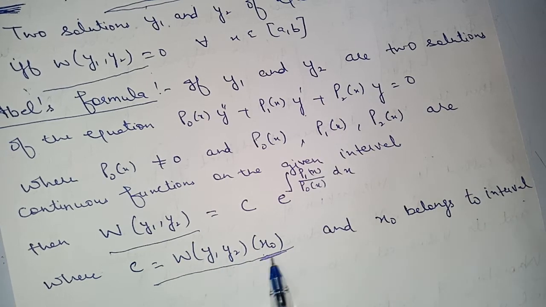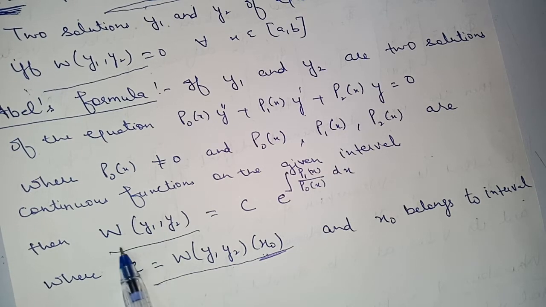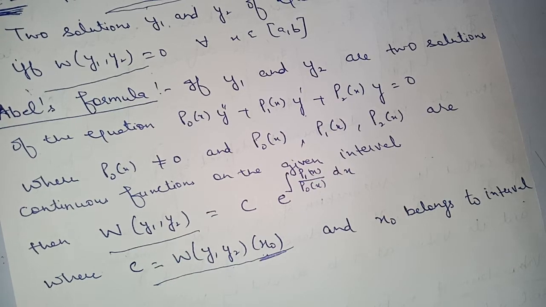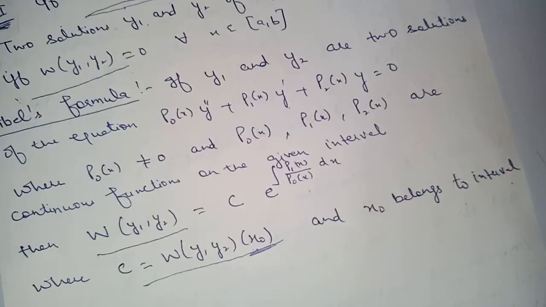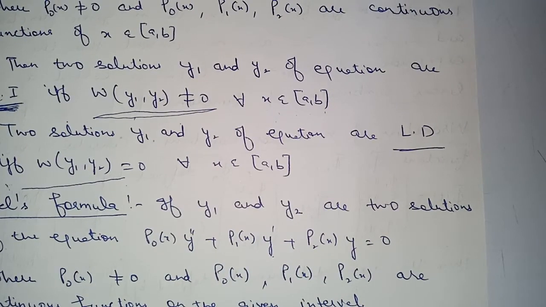So first we find the Wronskian at the given point, then we find the Wronskian of the functions y1 and y2. So these are the basic concepts of the Wronskian.